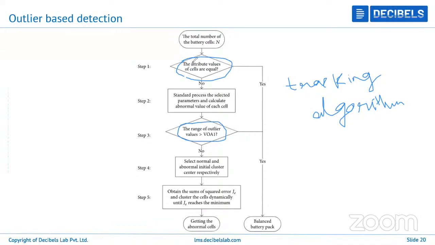All these values will be estimated using certain algorithms, and if they are all equal, that means the entire battery pack is balanced and the balancing procedure will not take place.